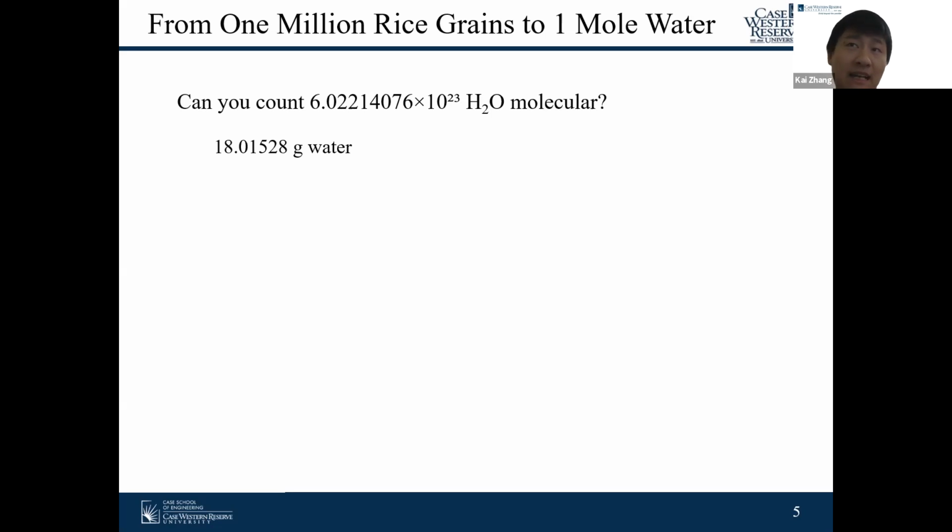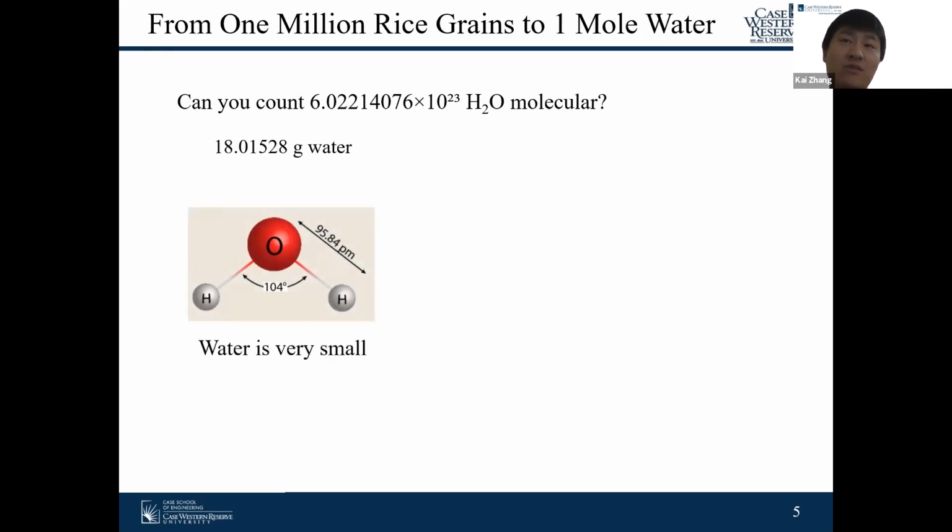Okay, after we answer this question, we can find another important point by comparing those two numbers, 18 versus 6 multiplied by 10 to the power of 23. There are so many water molecules, but their total weight is only 18 gram.